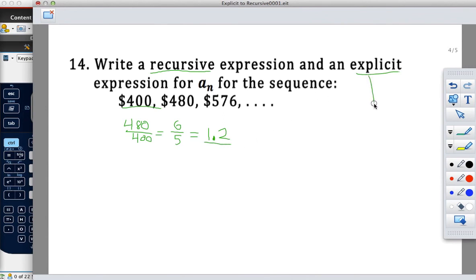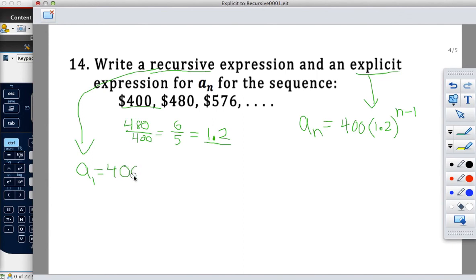So for the explicit formula, I'm going to have a sub n equals 400 times my common ratio, 1.2 raised to the n minus 1 power. Okay. Now for the recursive formula, let's write it over here. I'm going to say a sub 1 equals 400.